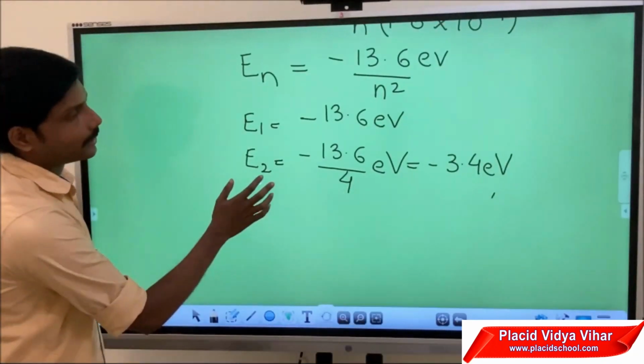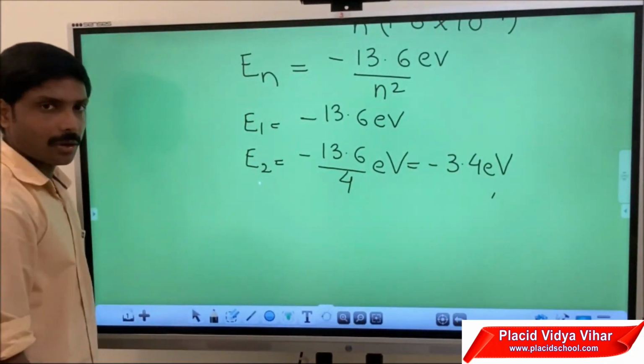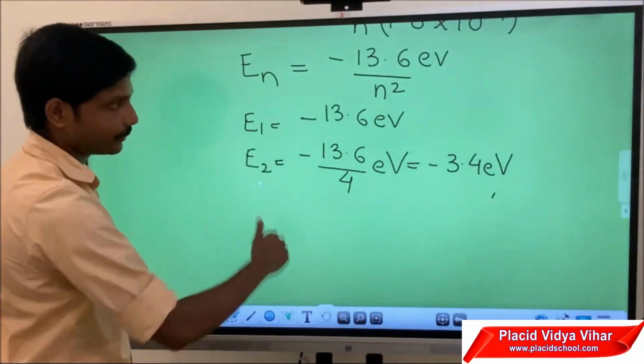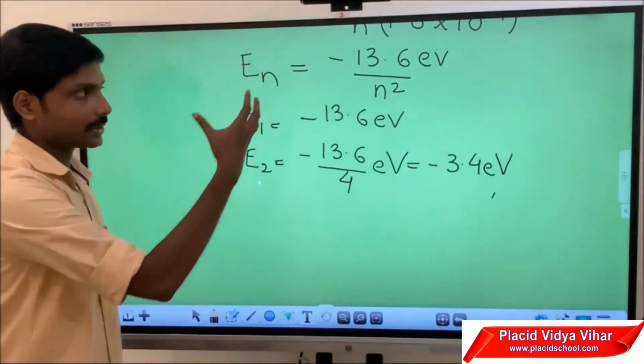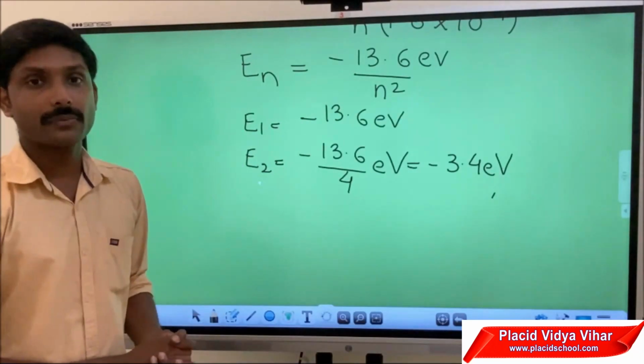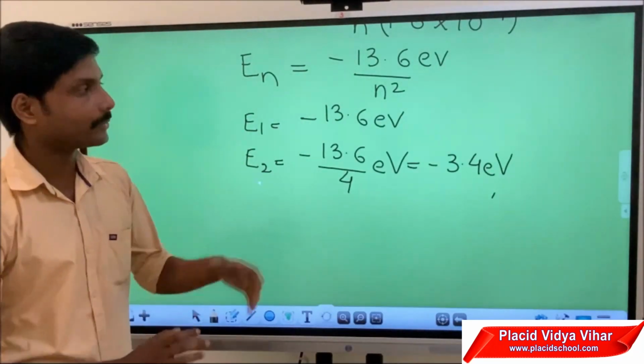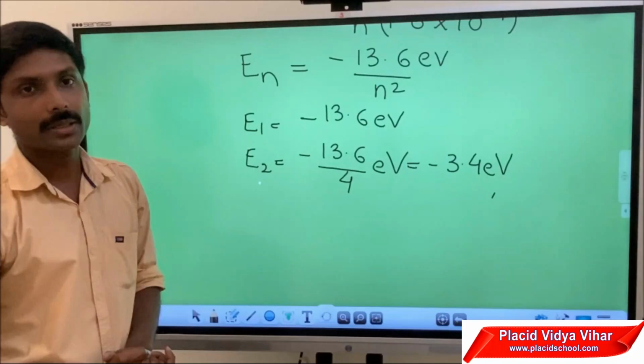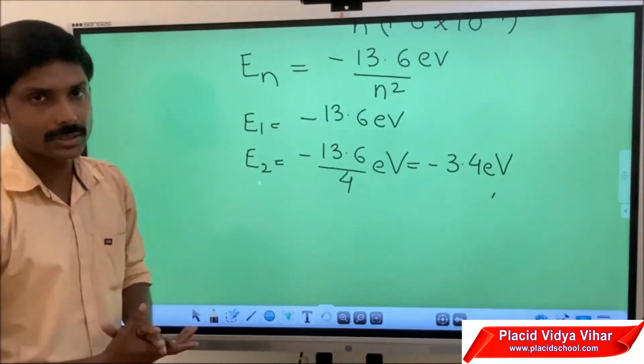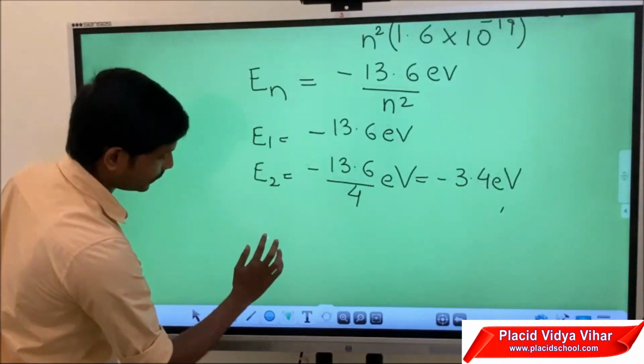So what will be the energy of an electron which is far away, at infinite distance from the nucleus? We have to substitute n as infinity. Something by infinity, what will be its value?